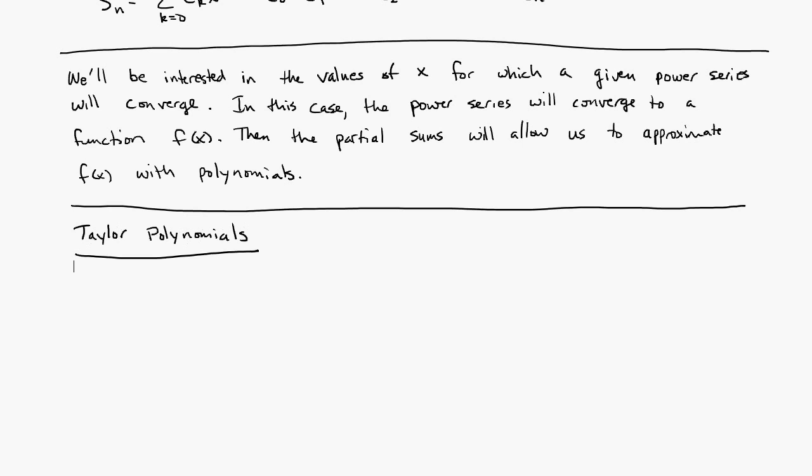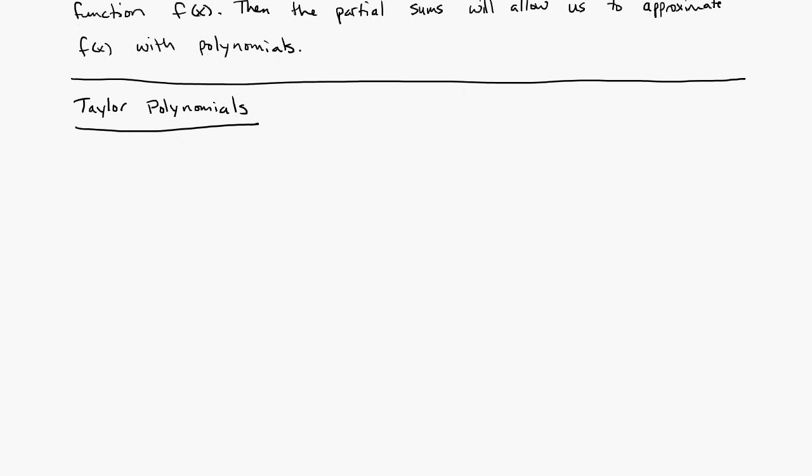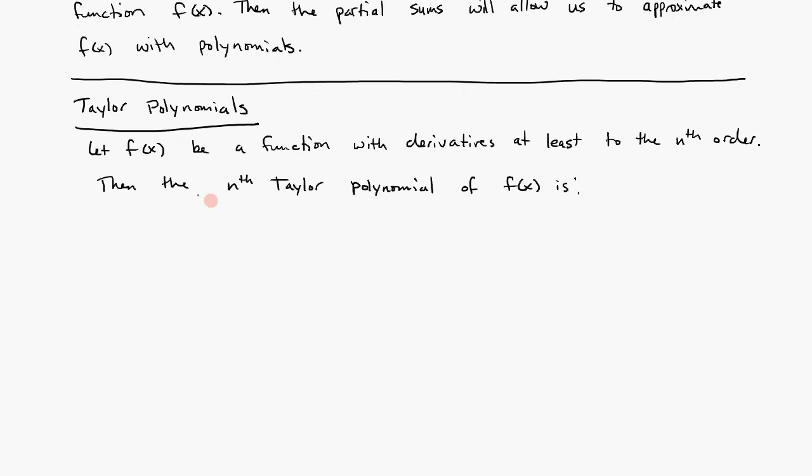Let me first write down what a Taylor polynomial is. Suppose we have a function f of x that we're interested in, and that it has derivatives at least to the nth order. Then the associated nth Taylor polynomial of f of x is given by the following formula.